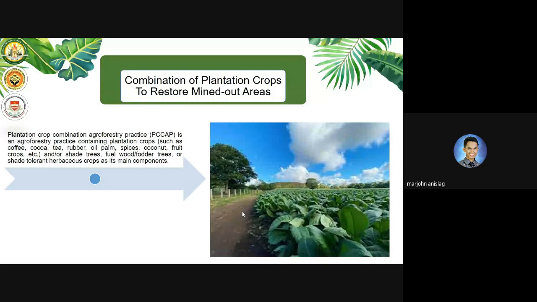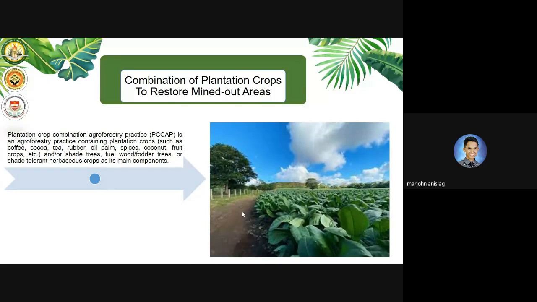The combination of plantation crops is another agroforestry practice that we can use to restore the degraded environment. This is an agroforestry practice containing plantation crops such as coffee, cocoa, tea, rubber, oil palm, spices, coconut, fruit crops, shade trees, fuel wood, fodder trees, and shade-tolerant herbaceous crops as its main components.